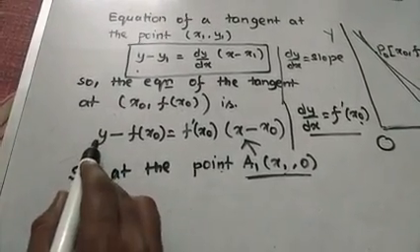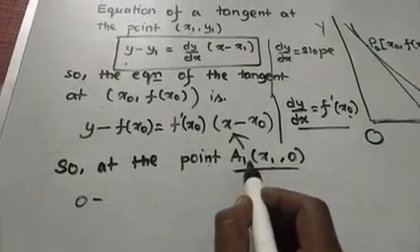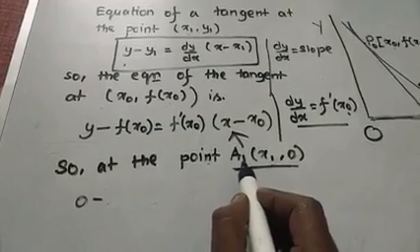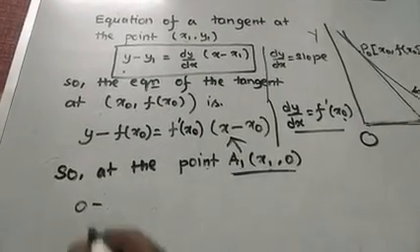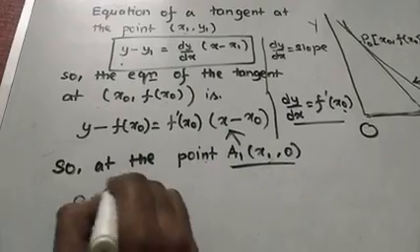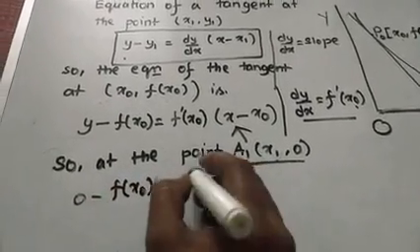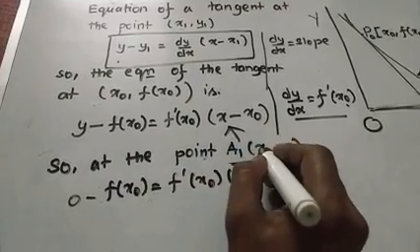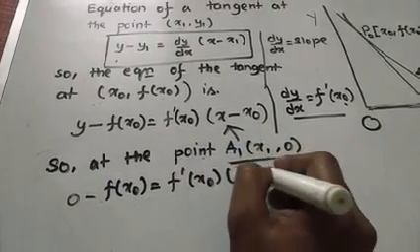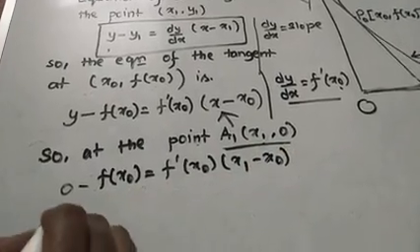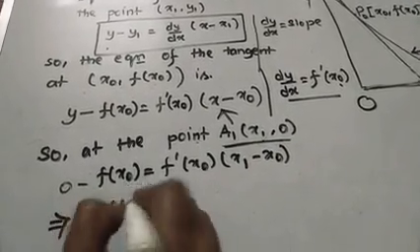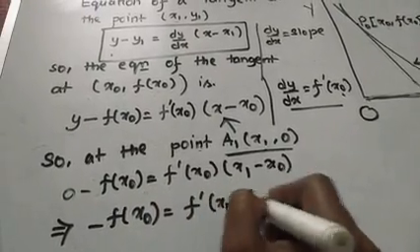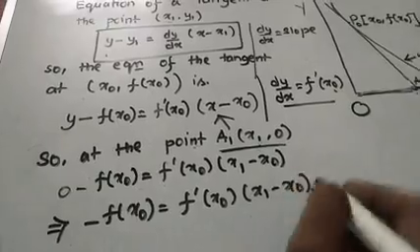In place of y we put 0 because the tangent cuts the x-axis at the point A1, whose coordinate is x1 comma 0. So 0 minus f of x0 equals f dash x0 into x1 minus x0. So that is minus f of x0 equals f dash x0 times x1 minus x0.